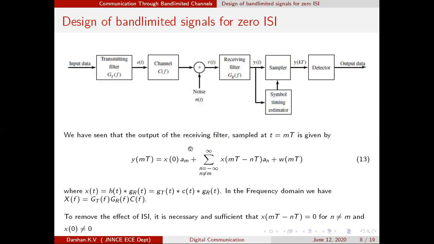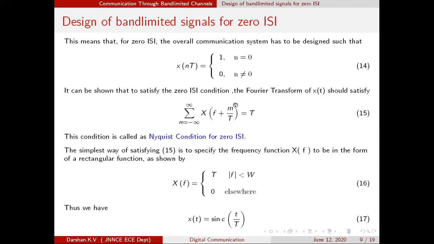So this contributes the ISI, right? Wherein you had so many ISI terms, what I'm doing is I will have only one ISI term. Therefore, along with this x of 0, you can expect one non-zero component in x of t. Over here, just observe, along with x of 0, you can expect one more non-zero component.